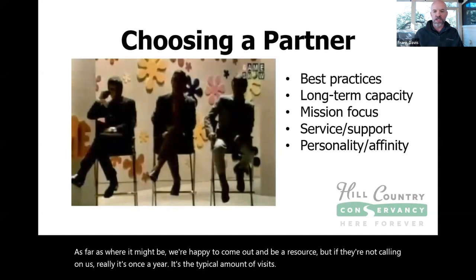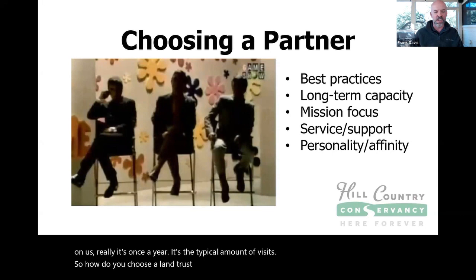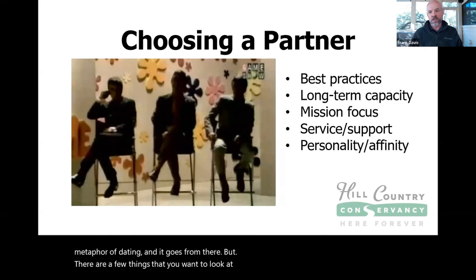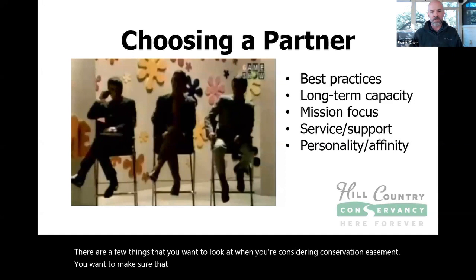So how do you choose a land trust? This is where I get into the really awkward and cliche metaphor of dating, and it goes from there. But there are a few things you want to look at when you're considering a conservation easement. You want to make sure that the land trust, or the potential holder of the conservation easement, is following best practices.